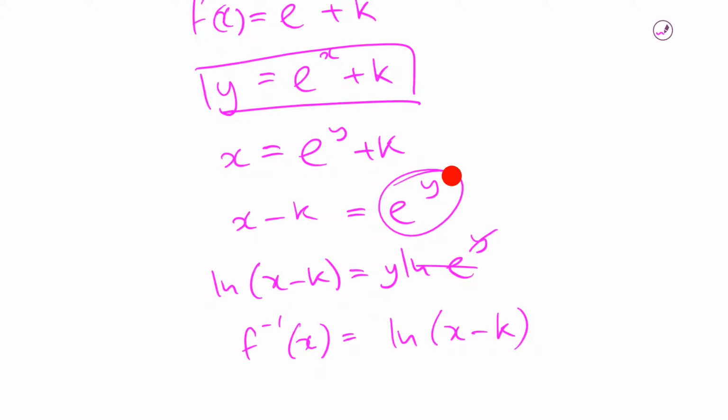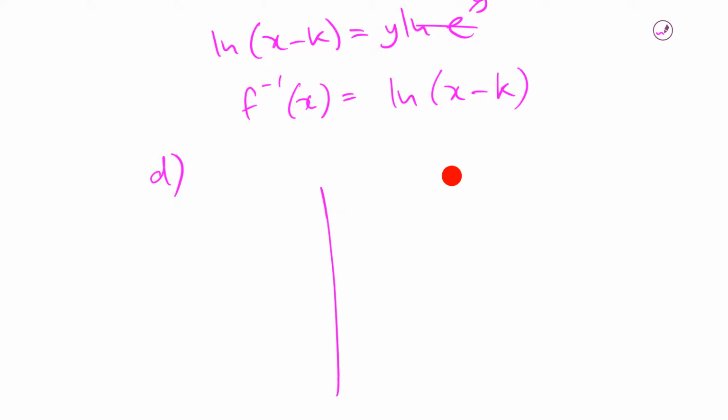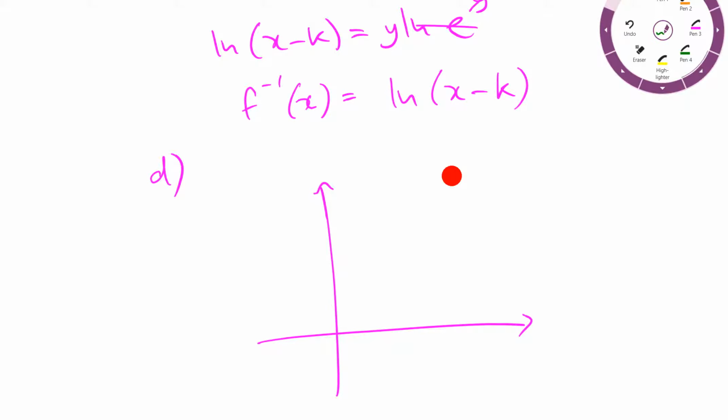Is there any more to this? On the same axes as part D, sketch the curves y equals f(x) and y equals the inverse function of x, giving the coordinates of all the points where the graphs cut the axes. I think you get this already. Here are our quick axes. Might as well change colour for the different graphs.